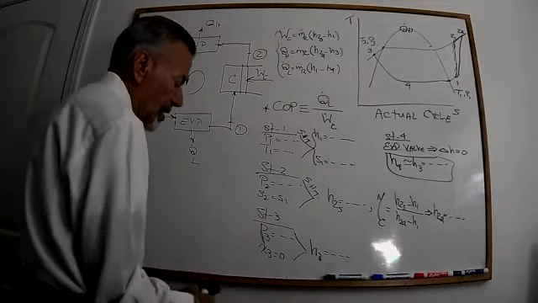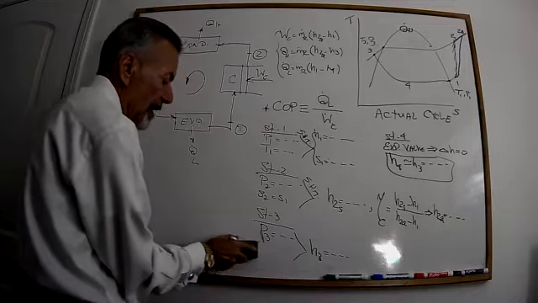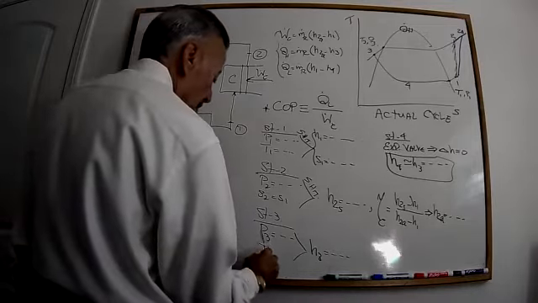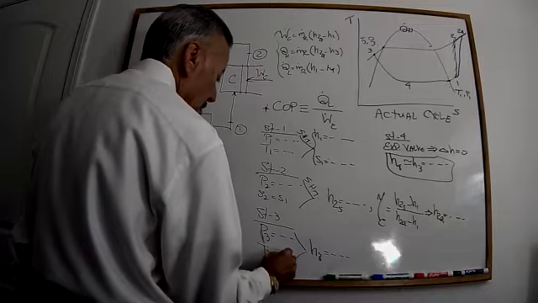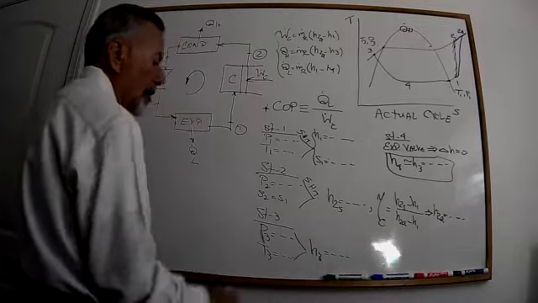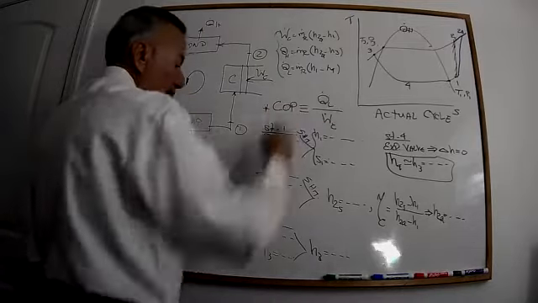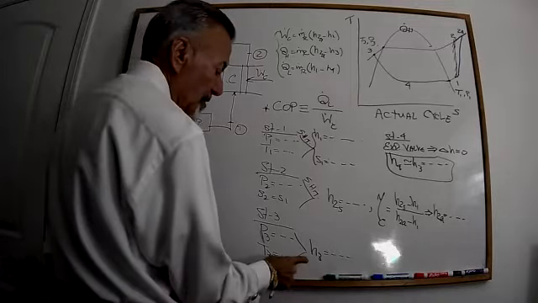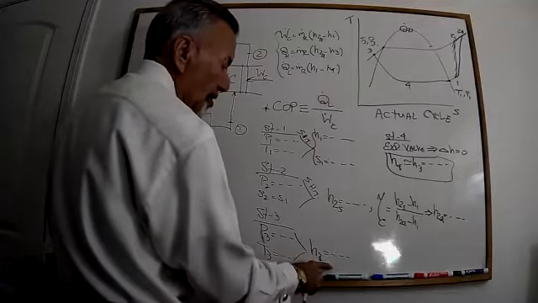At state 3, we no longer have X3 equal to 0. So you have a temperature. But you are on the liquid side, and you find the H3, which is H of F on that table, and that would be your H3 value.